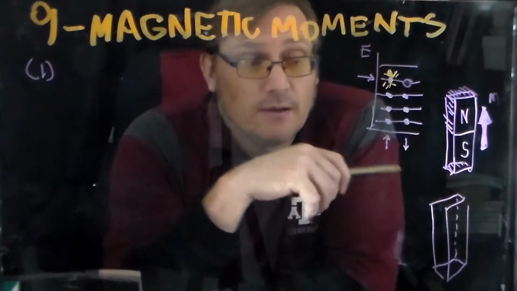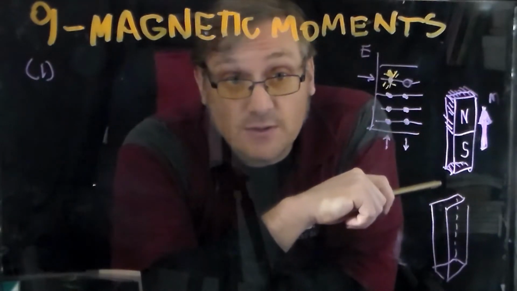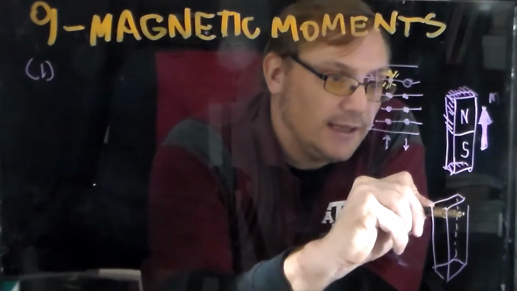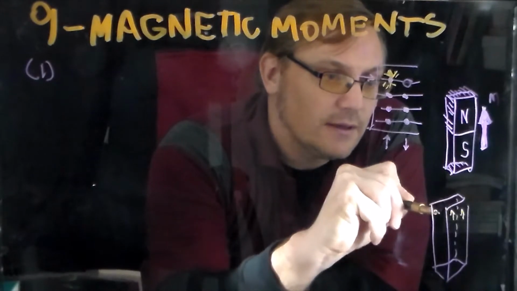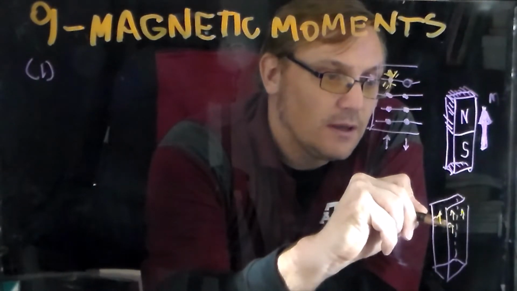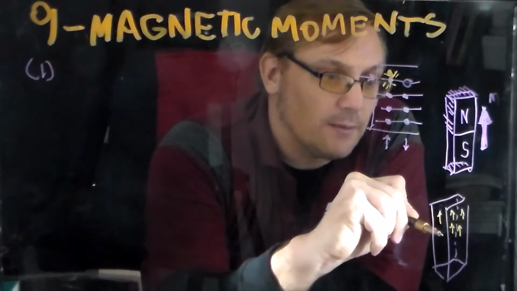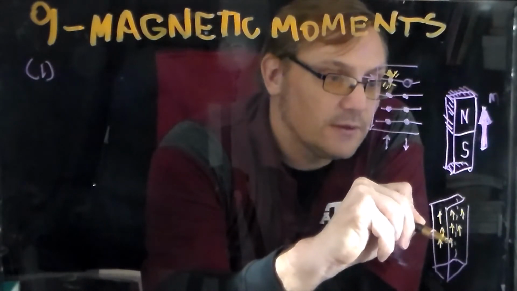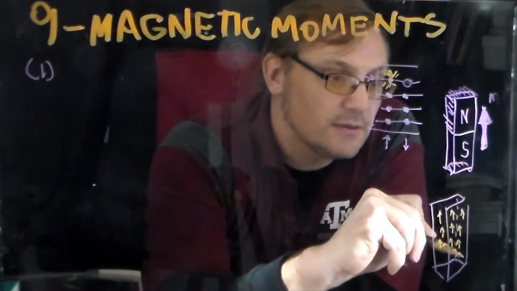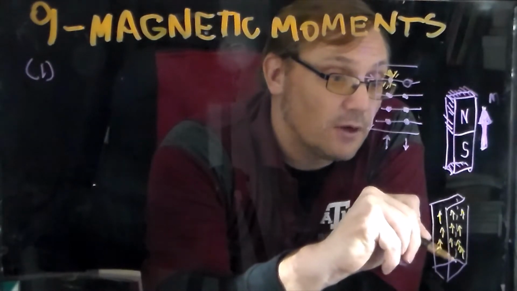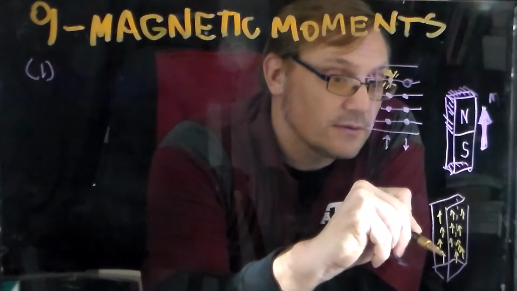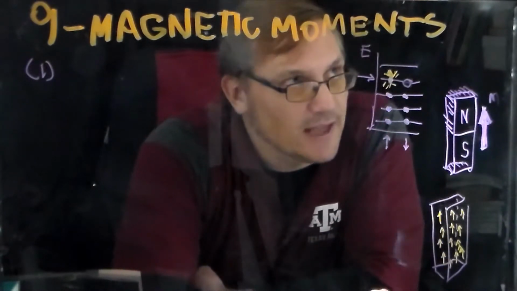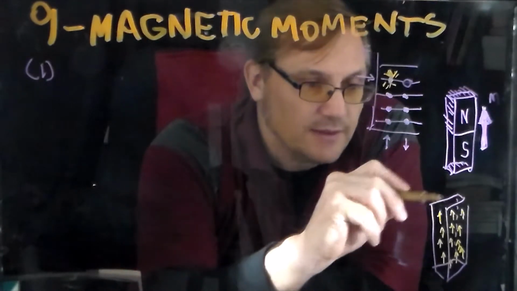that guy is the guy who's going to create the magnetic moment of this entire bar magnet. So for your permanent magnets, what happens is that inside of here, each atom will contribute by pointing up. Now this only happens for a few different elements. Iron, cobalt, and nickel are the big ones. There's rare earths like neodymium and stuff like that.